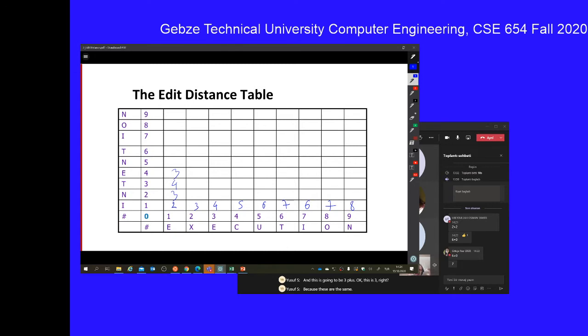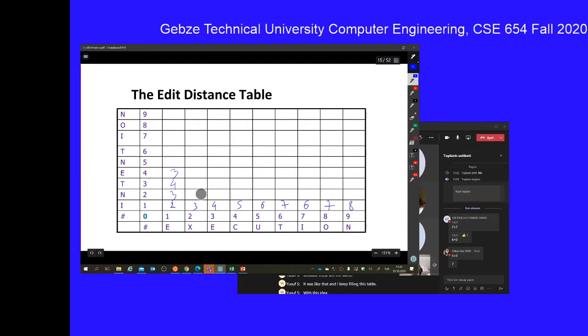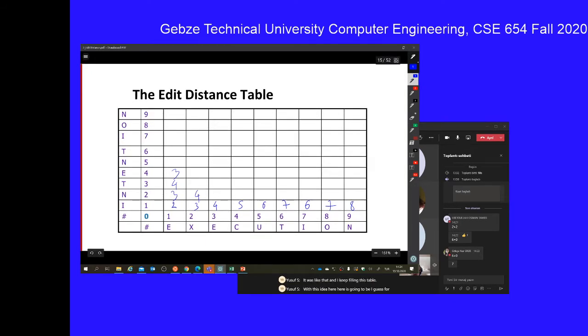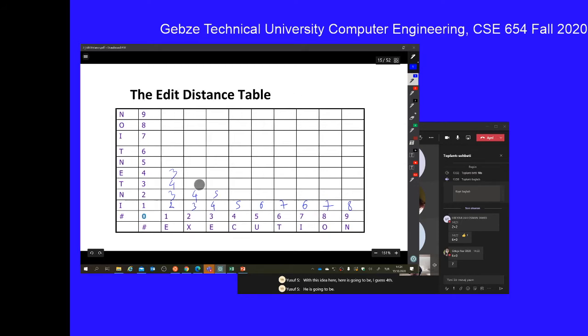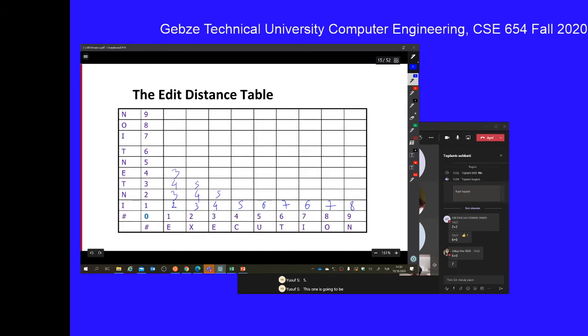And it goes like that, and I keep filling this table with this idea. Here is going to be, I guess, 4. Here is going to be 5. This one is going to be 5 again.